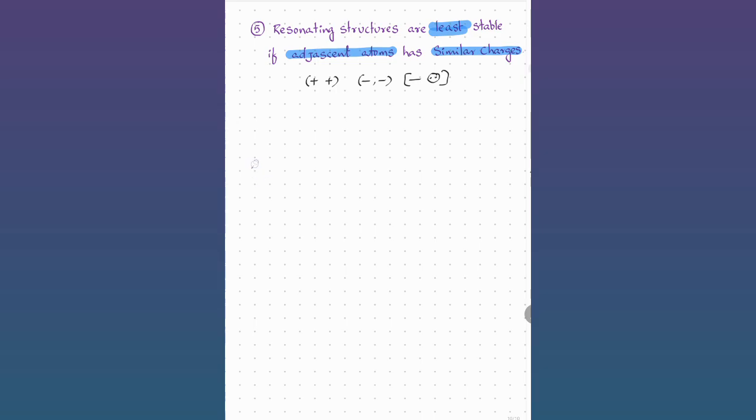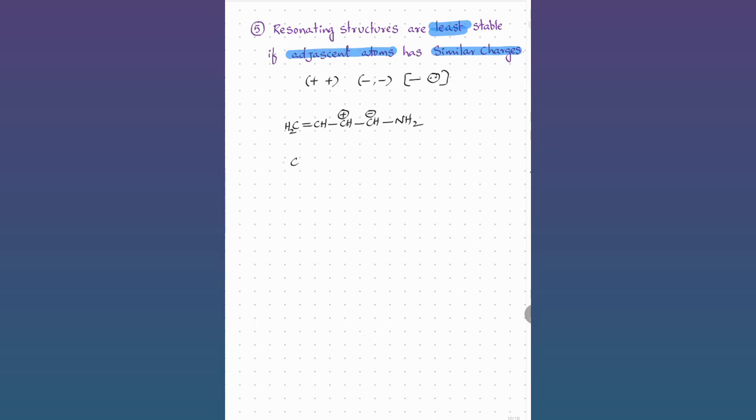I'll give you one example now. Very important. Here, CH2 double bond CH, single bond CH plus, single bond CH minus, and NH2. Let's say this is one of the structures.